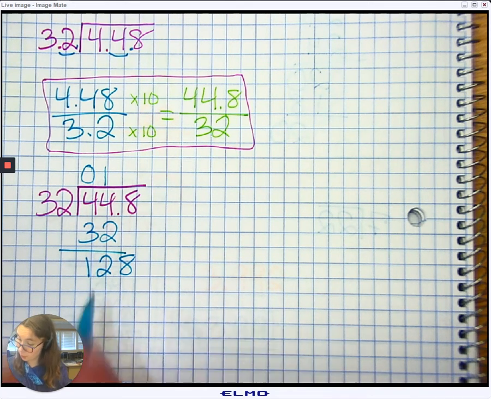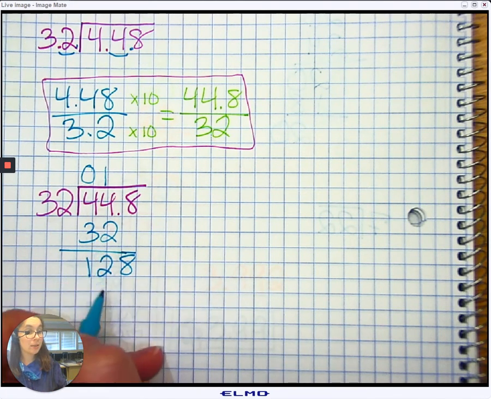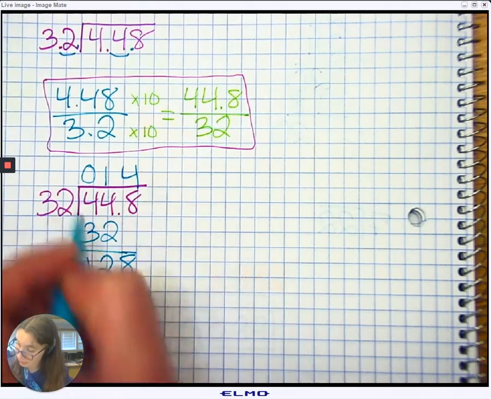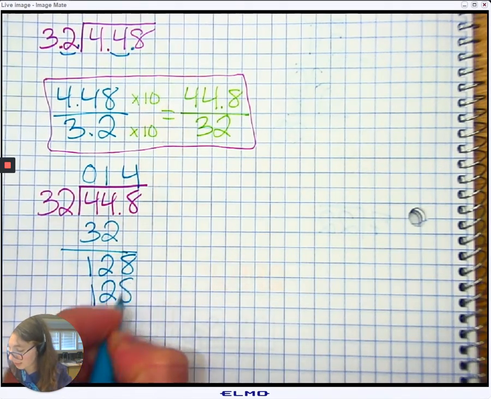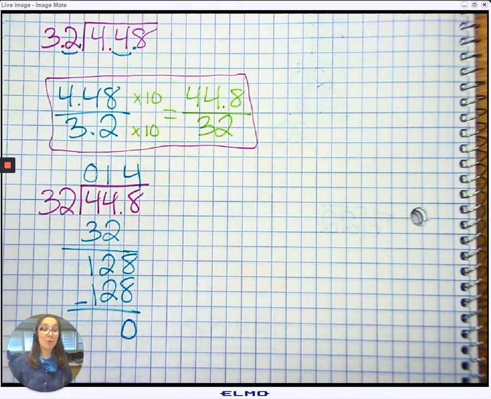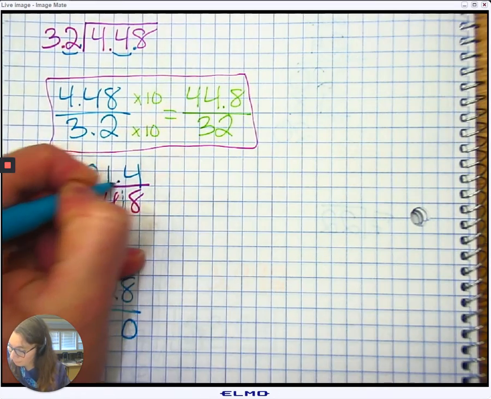It's 4. 4 times 32, 64, 96, 128. Yep, there we go. I can count by 32 sometimes. 4 times 32 is 128. Now I subtract, have 0, and I can stop. And just like we were doing last week, the decimal just pops up to where it should be. Pop. Right there.